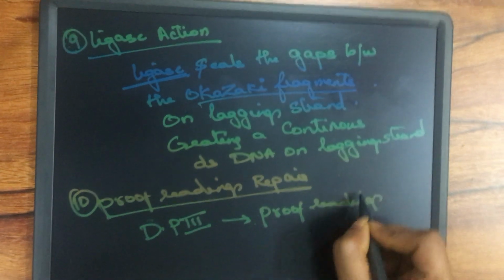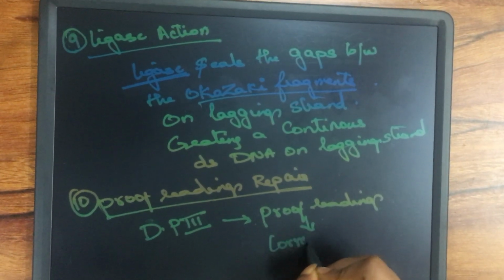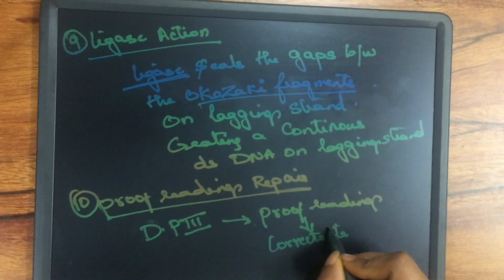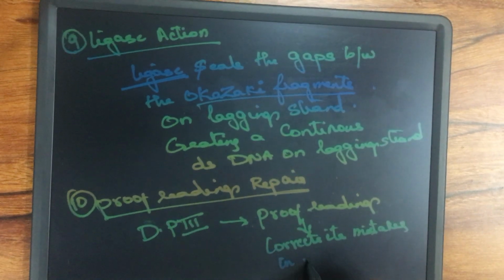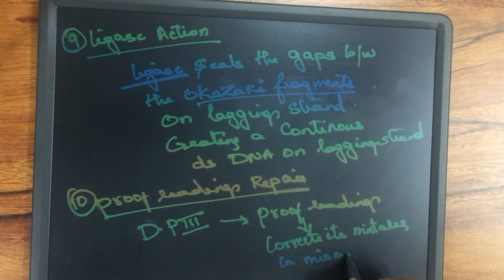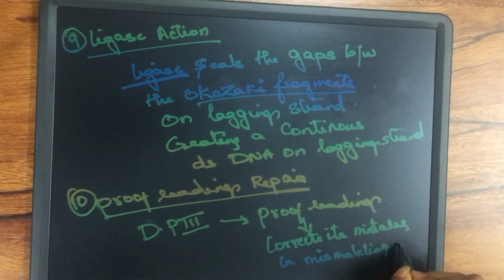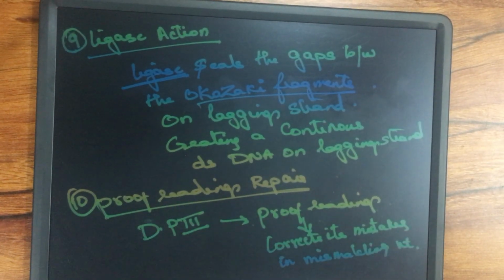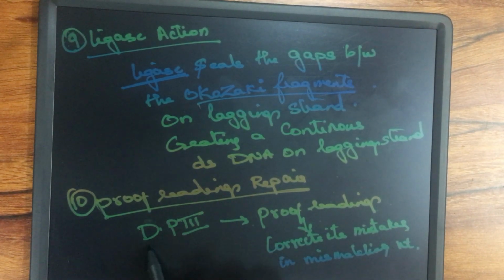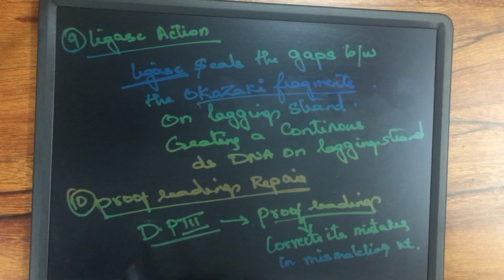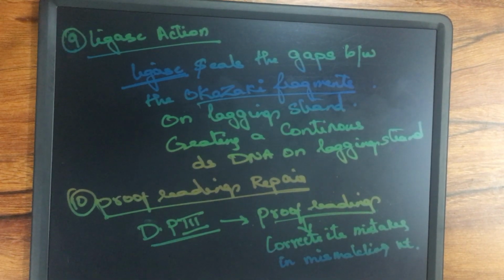In the sense, it corrects its mistakes in mismatching nucleotides. Okay, mismatch repair mechanisms further correct errors that may have escaped the proofreading ability of DNA polymerase 3, which we will be dealing with in our next class.